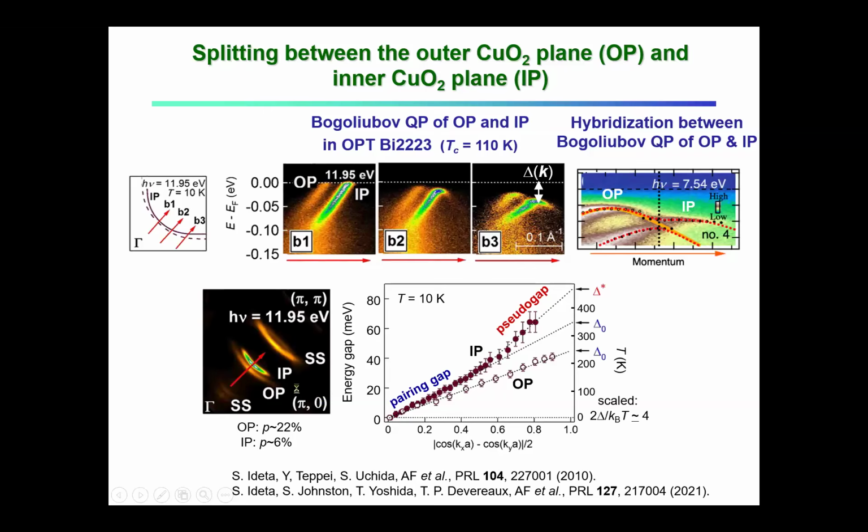Then the Fermi surface areas are different, so we can uniquely identify them. But if the hole distribution is opposite, then this assignment will change. But I think everyone believes that the outer plane is more overdoped than the inner plane.